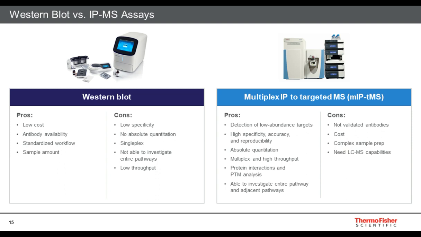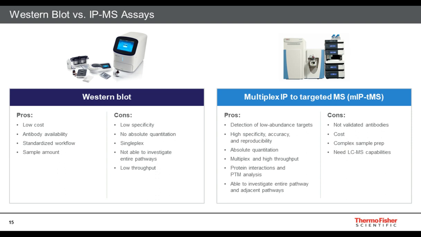If we look at the multiplex IP-targeted mass spec assays, since you are performing the immunoenrichment step, the advantage is that it allows you to get better detection and quantitation of low abundance targets with very high specificity, accuracy, and reproducibility. It also allows you to get absolute quantitation by running standard curves.